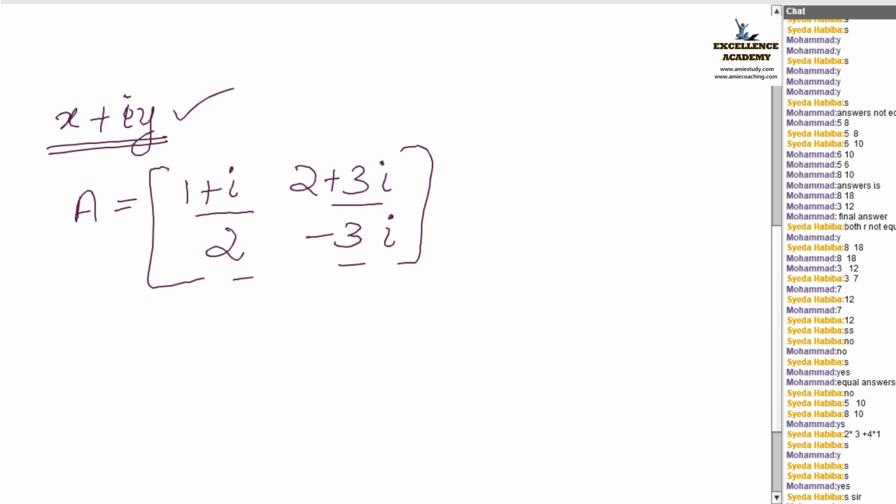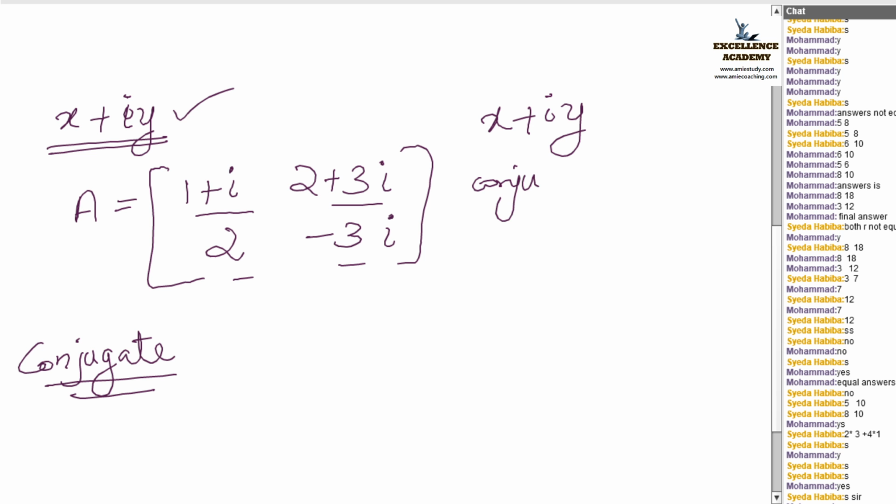So, conjugate matrix means it is actually the corresponding complex conjugate. If x plus iy is a complex number, what about the conjugate of this one? How can you find out the conjugate of this complex number?